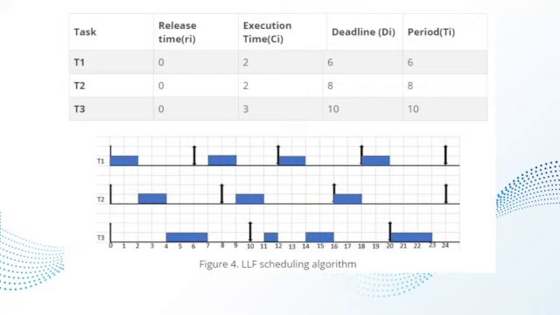L2 is equal to 8 minus 2 plus 2, which is 4, and L3 is equal to 10 minus 2 plus 3, which is equal to 5. Clearly, T2 starts executing due to its lower laxity than T3, and at time 3, T2 has a laxity of 4, and T3 also has a laxity of 4. So ties are broken randomly, and we continue to execute T2.